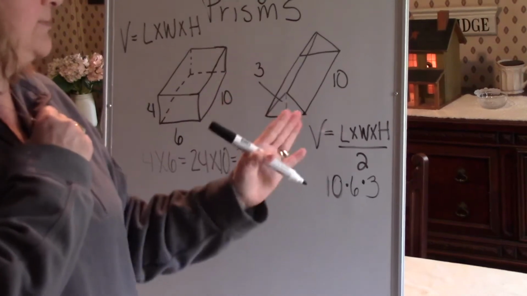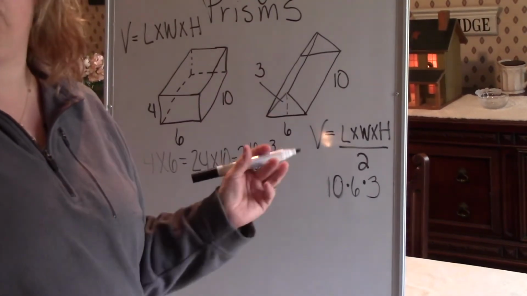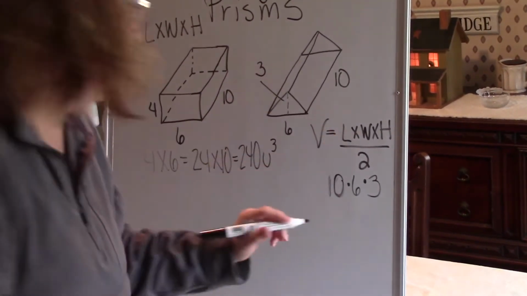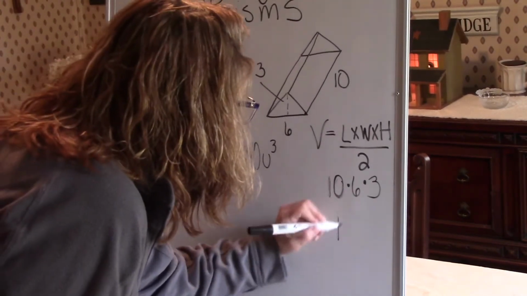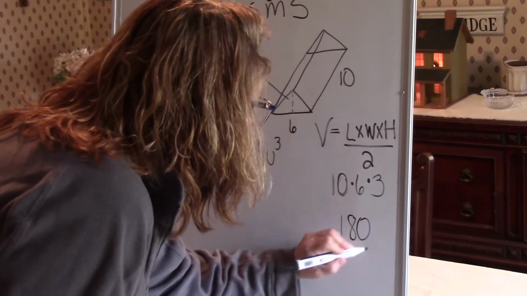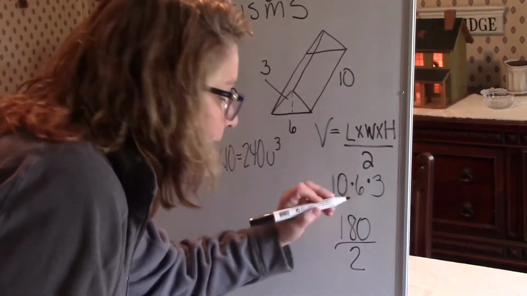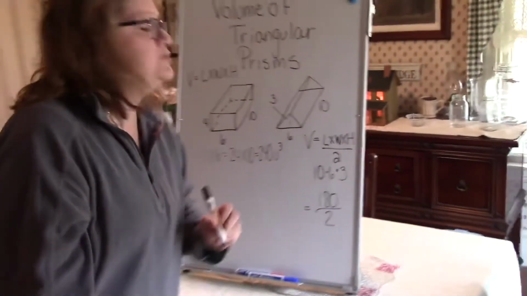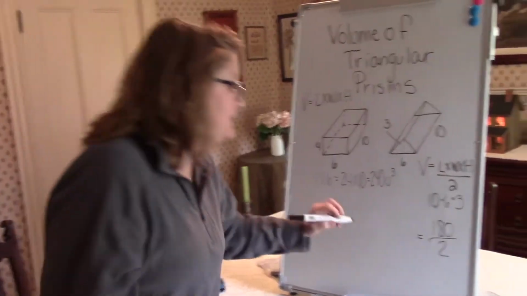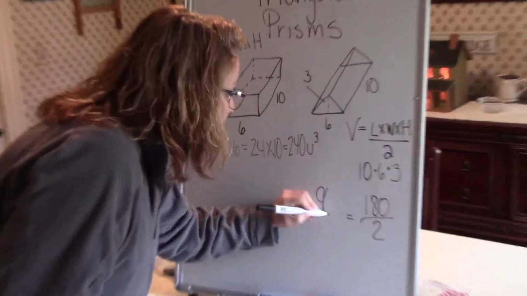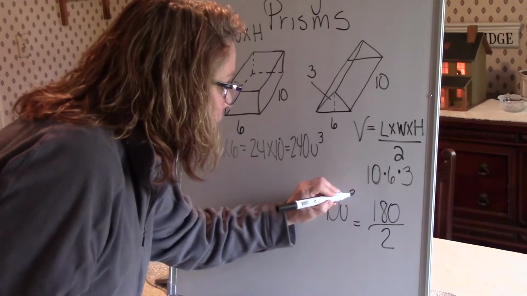And 60 times 3 is 180. Everyone agree? Yes, Mrs. Clark. So we get 180. And your last step is to take those numbers that you multiplied together and divide them by 2. When you divide 180 by 2, you get 90 units cubed.